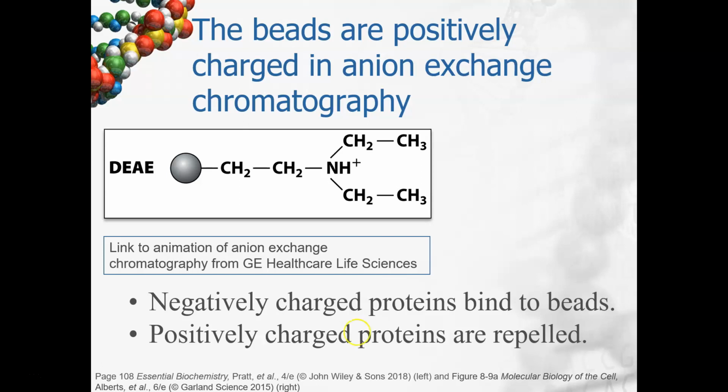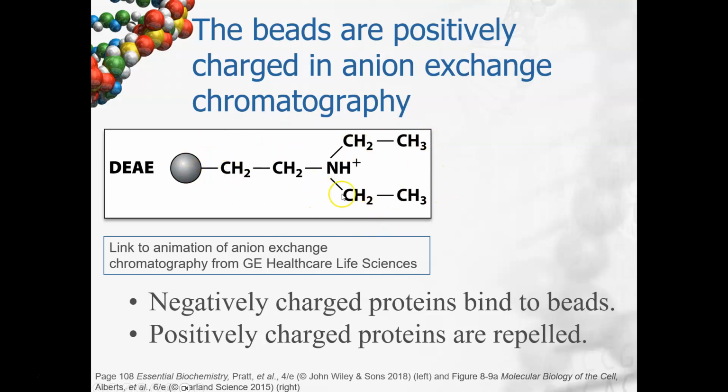The beads that I mentioned that are in the column, these microscopic beads, in anion exchange chromatography, the beads are positively charged. Now, this is a source of confusion, or potentially could be. DEAE is diethylaminoethyl, and that's the functional group that's attached to these beads.